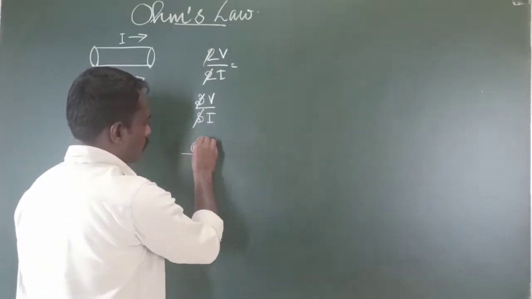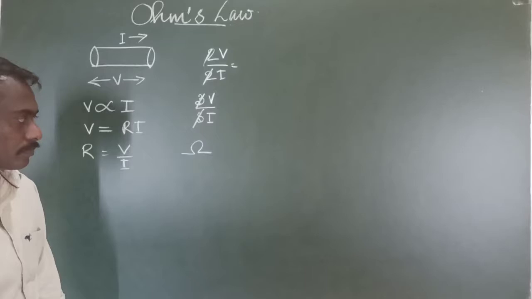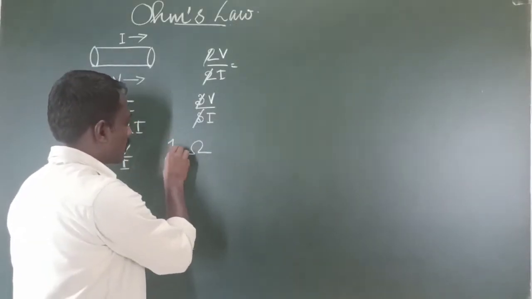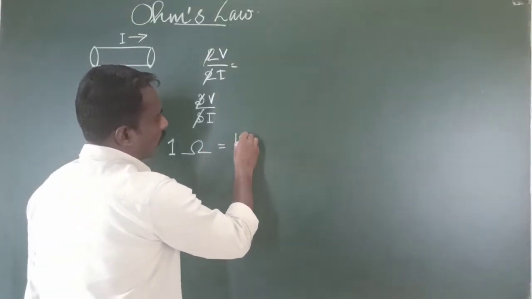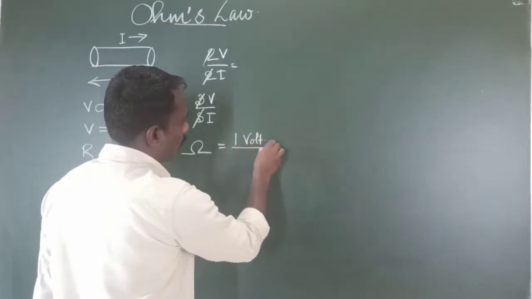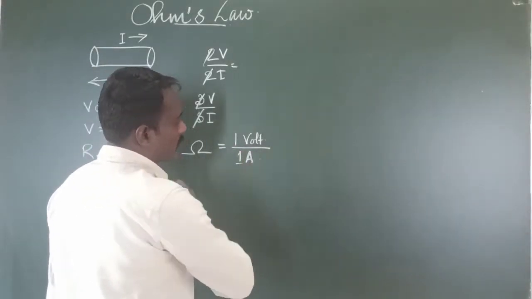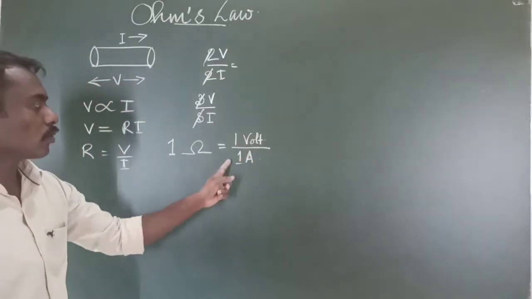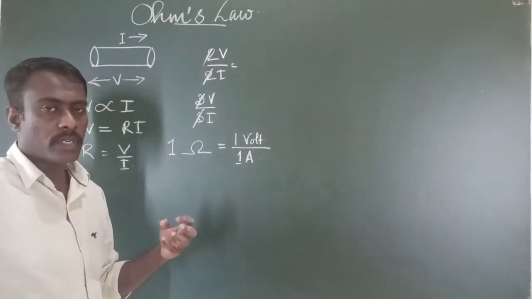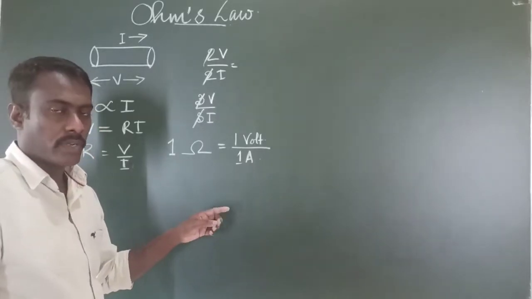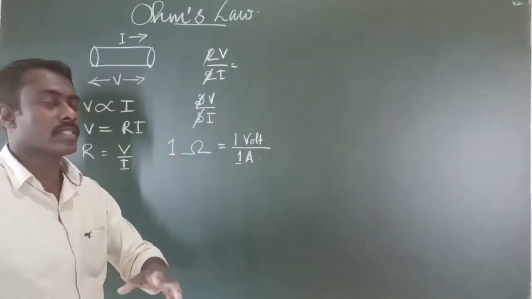The unit of resistance is known as ohm. So when we say 1 ohm resistance, 1 ohm can be defined as follows: when 1 volt of voltage is applied across a conductor and 1 ampere of current flows through it, then the resistance that particular material has is 1 ohm.